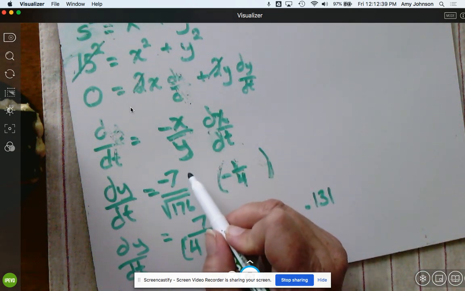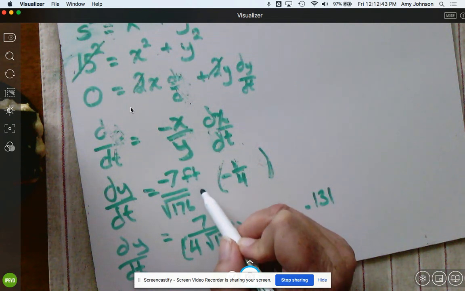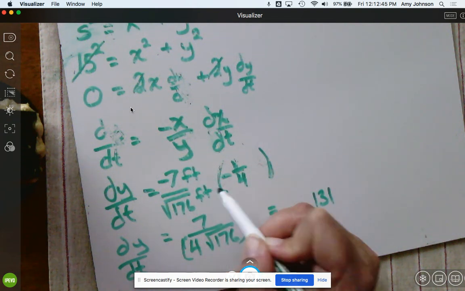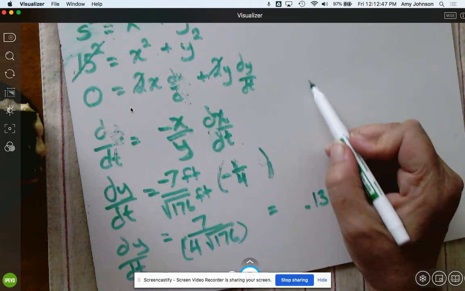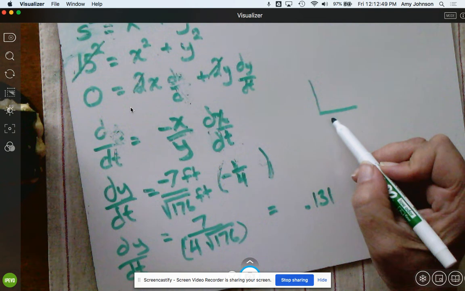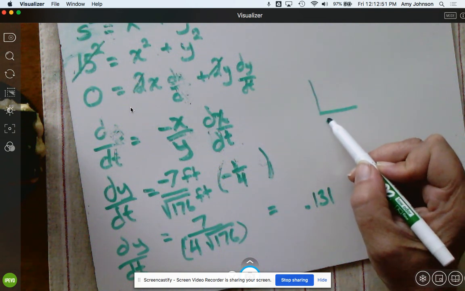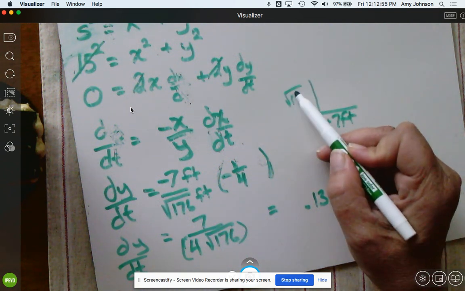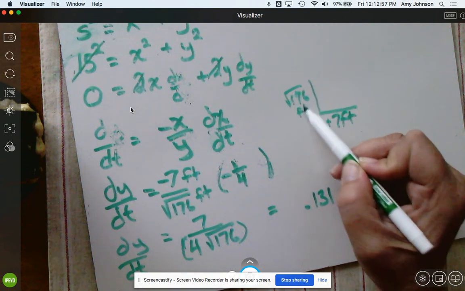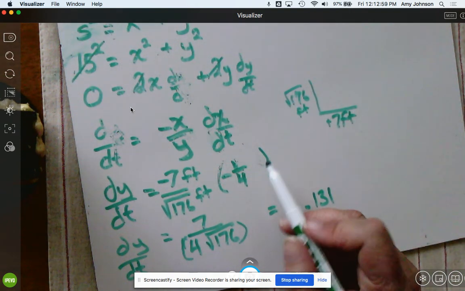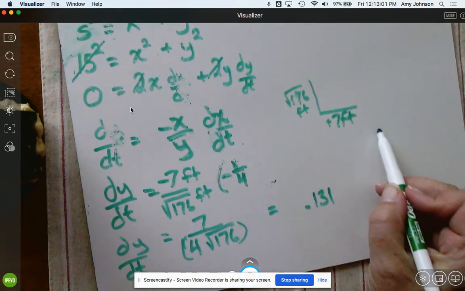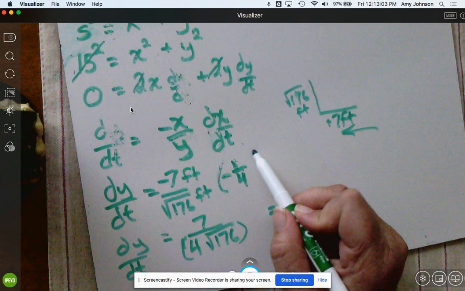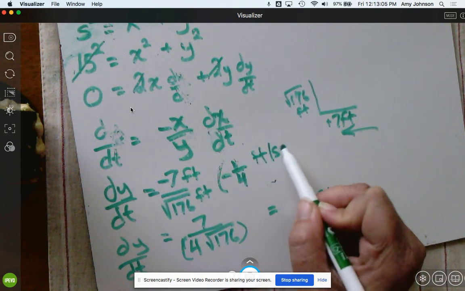X is linear, right? It's just the distance, so that would be feet. Y would be feet, because remember, those numbers represent at this moment. This is 7 feet. This is root 176, which is 13 point something feet. And then this -1/4, that was the rate of change here, so that's feet per second.